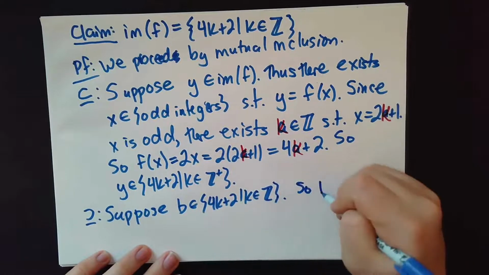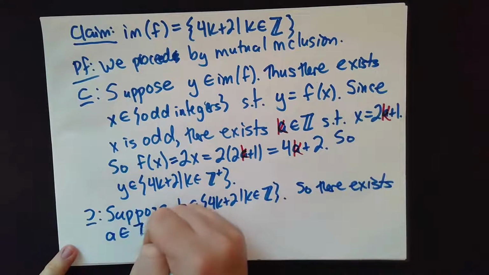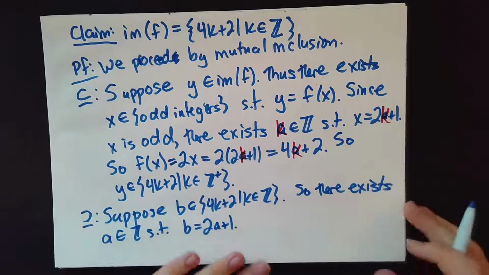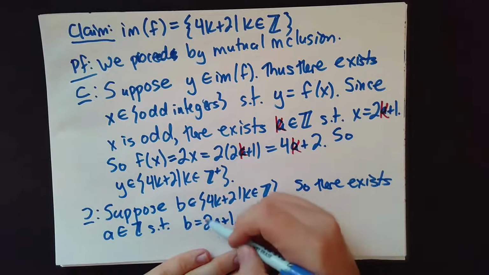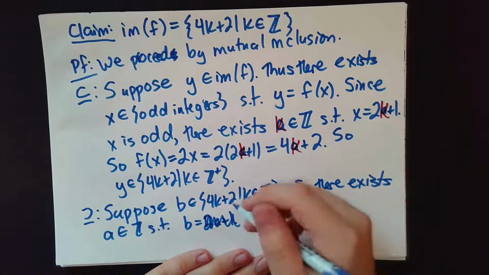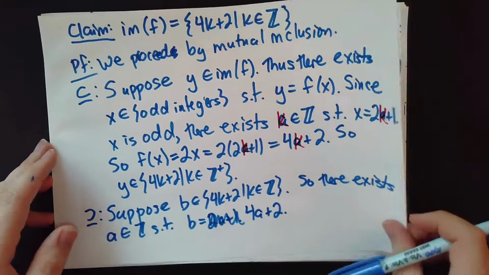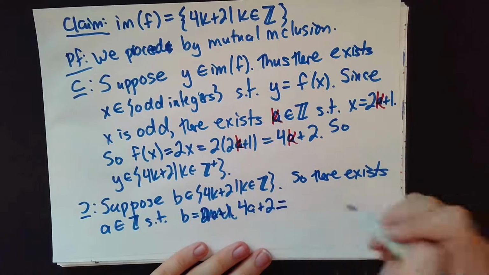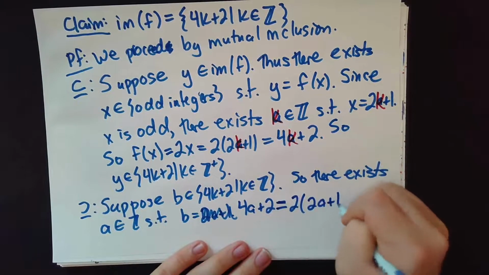So there exists an a in Z such that b is 2a plus 1. That's not right. Read the set, Tommy. There exists a b in this set such that b is 4a plus 2. There we go. But now, looking up at my proof for the other direction, I have a pretty good guess what I'm supposed to do. I'm supposed to say, aha, this is 2 times 2a plus 1.